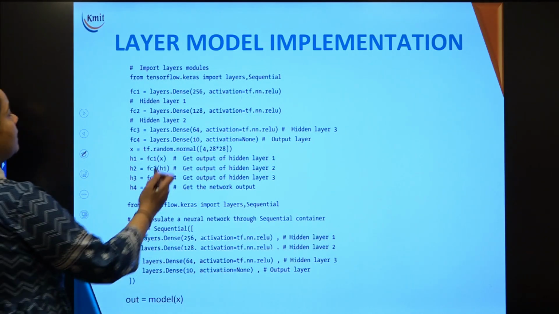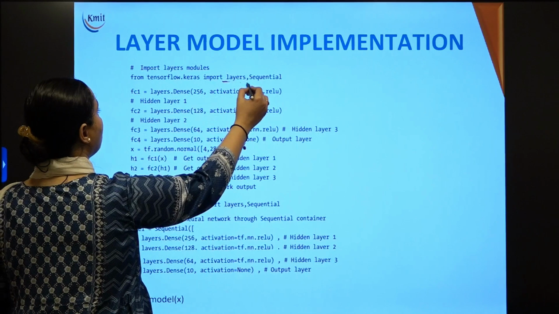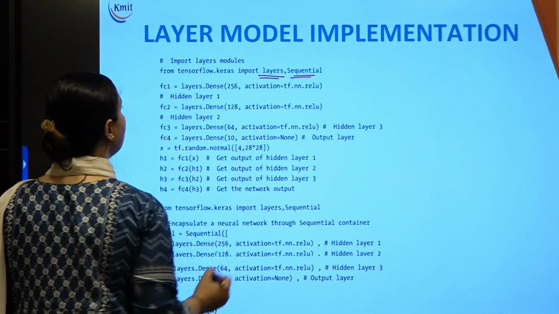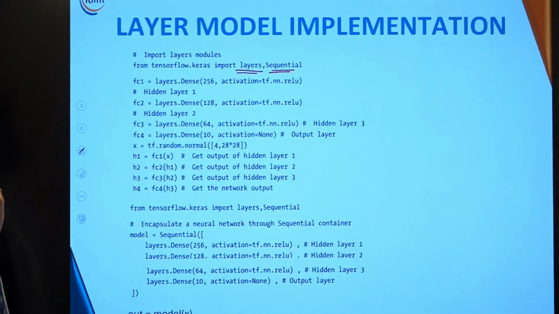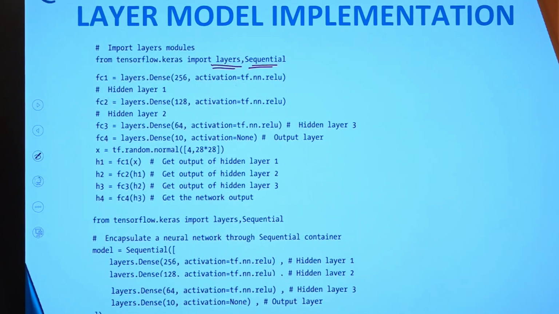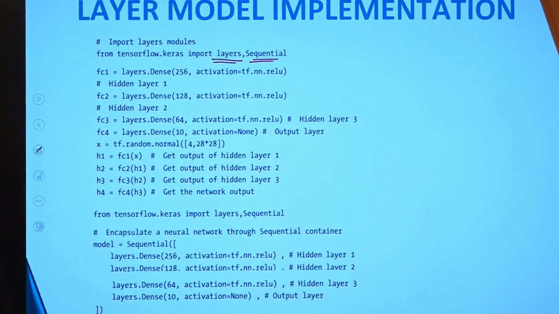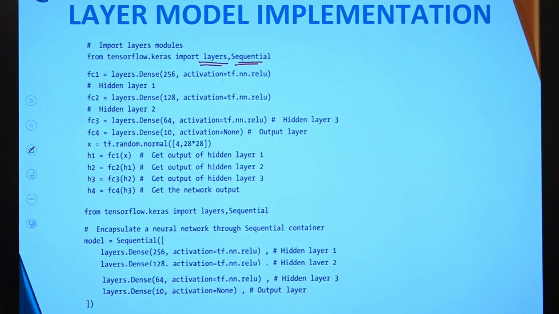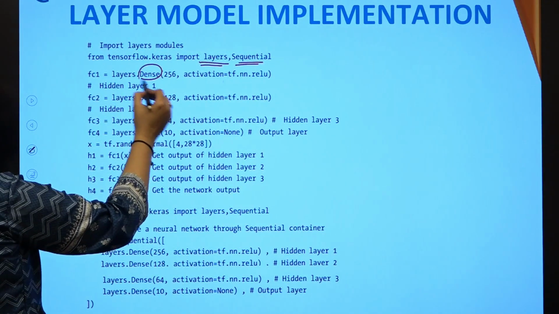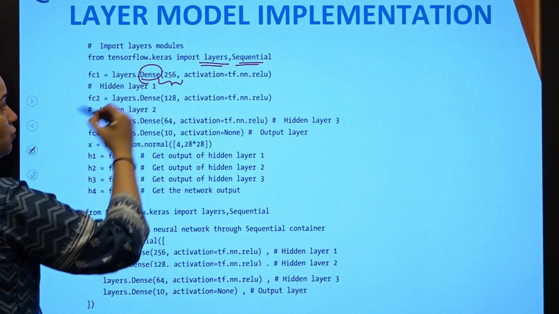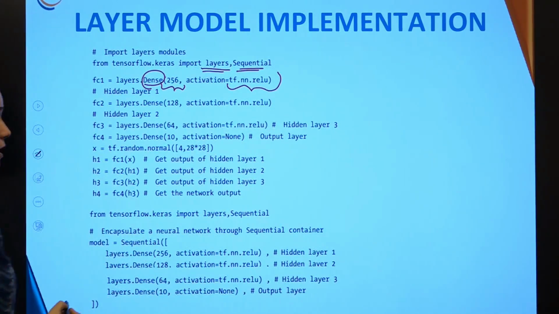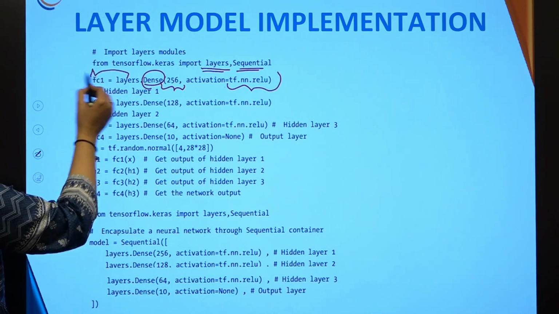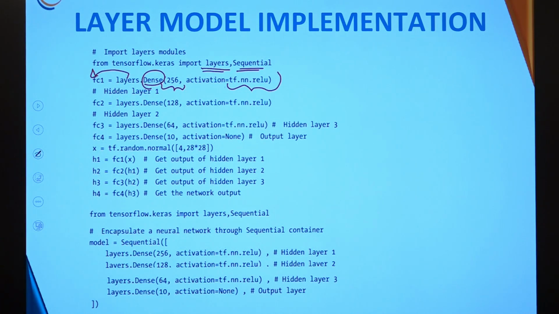So I am importing inbuilt modules of layers and sequential from Keras, and then I am structuring fully connected layers together to create a neural network. The other name of a fully connected layer, as I told you, is dense. So from layers I am calling a dense layer with 256 nodes, and the activation function I am taking as ReLU, and I created the first fully connected layer.